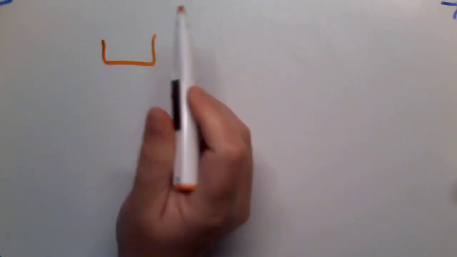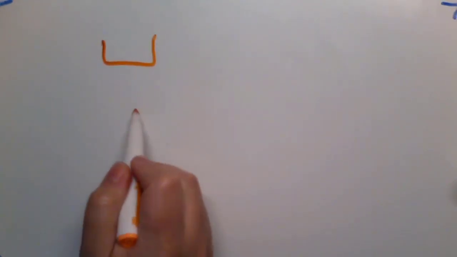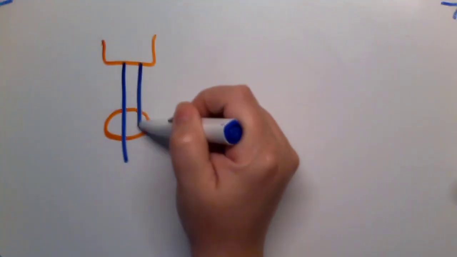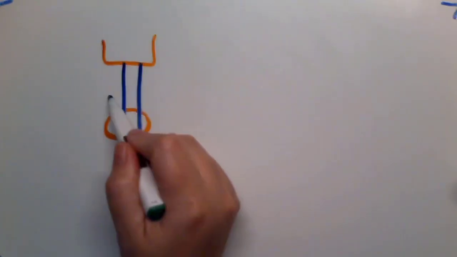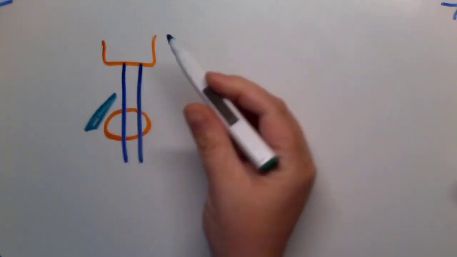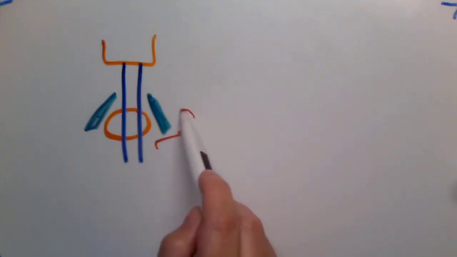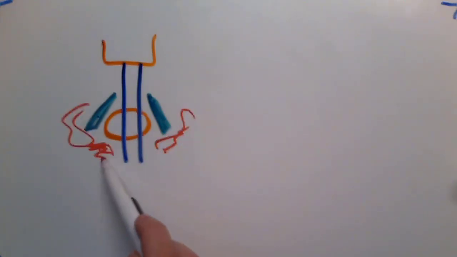So again, we have our transducer. I'm just going to draw something that we would expect to be anechoic in here. And we have our main beam coming down. And we're typically using array transducers, so we have these grating lobes that also have sound energy. And usually we have some soft tissue out here, right? It's not just one random floating structure.